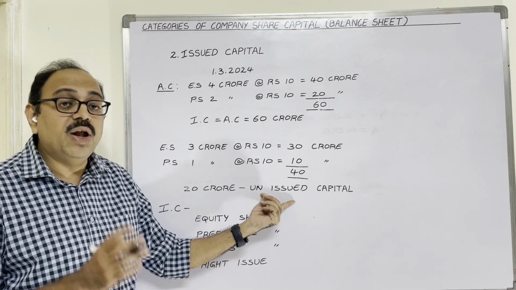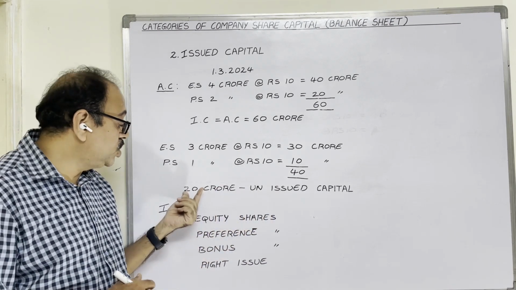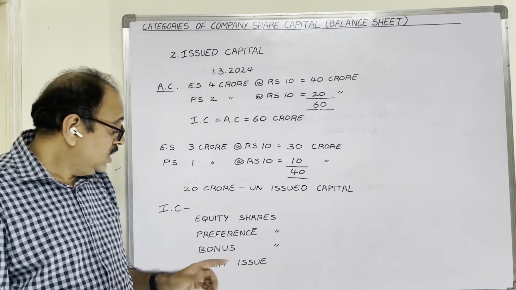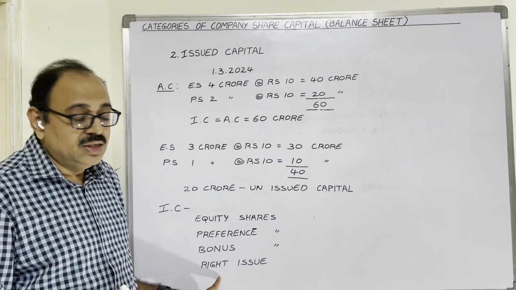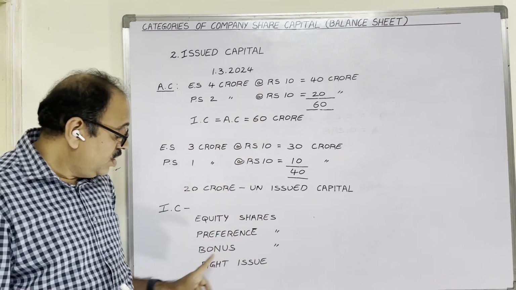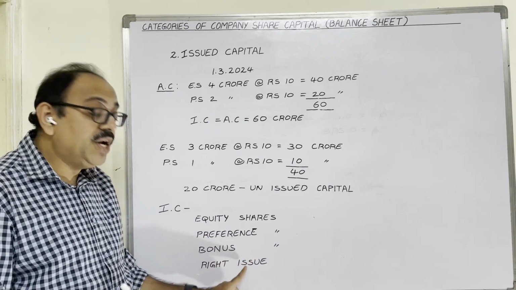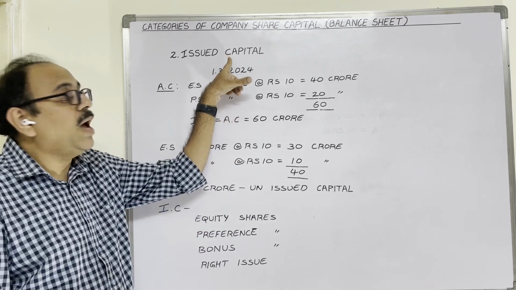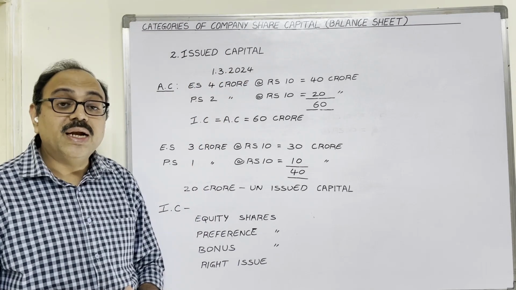In future, when money is needed, the company issues this 20 crore worth of shares. And issued capital includes types of shares: equity shares, preference shares, and not only these two, bonus shares and even rights issue shares also. So this is all about the second category of capital, issued capital.